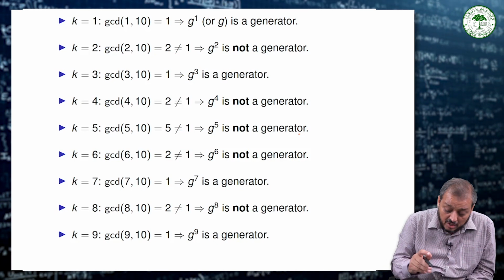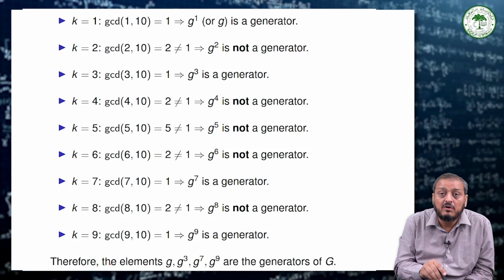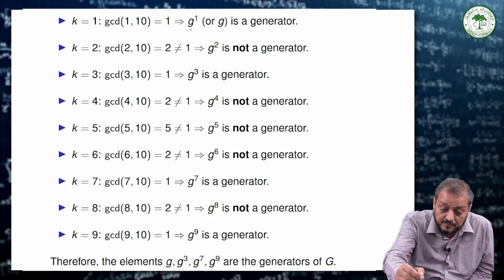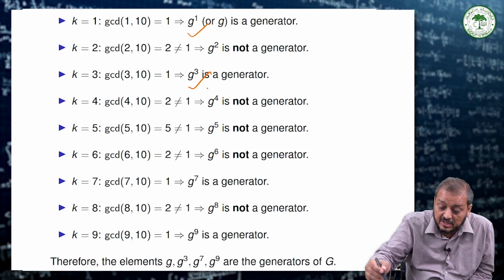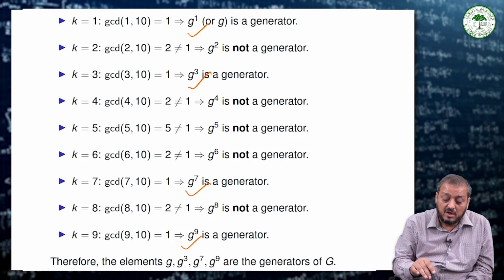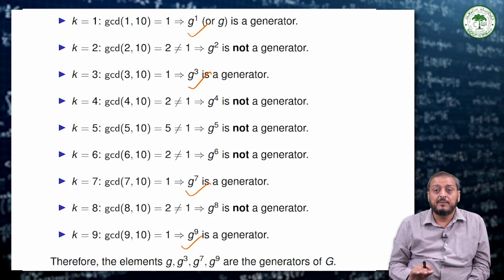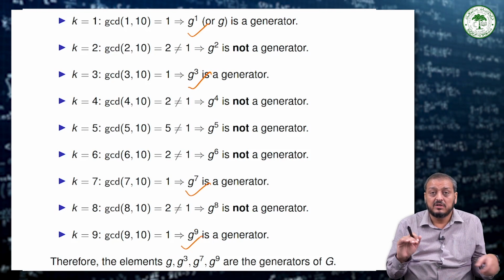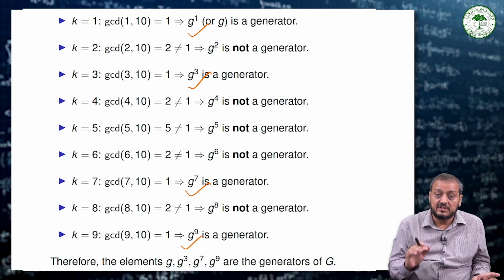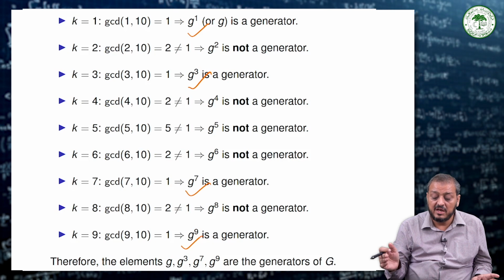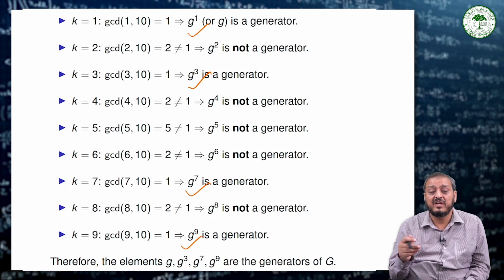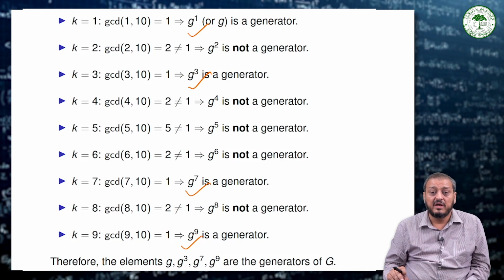Therefore, the elements g, g cube, g to the power 7 and g to the power 9, these 4 elements are the generators of this group. So, we can simply say that g, g cube, g^7 and g^9 are the generators of a group whenever the order of the group is equal to 10.